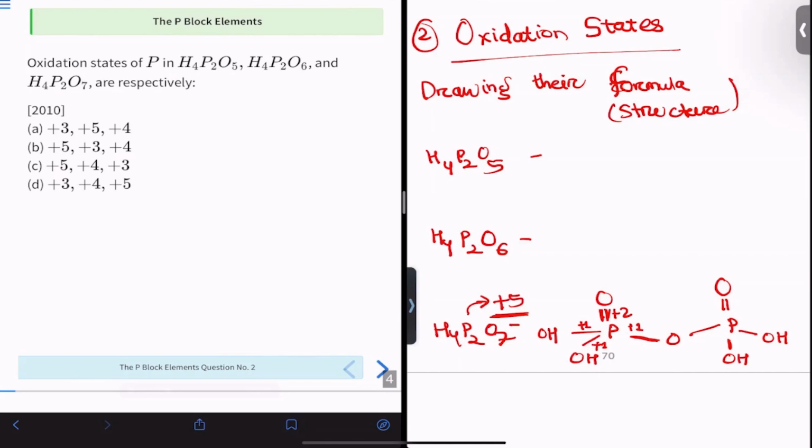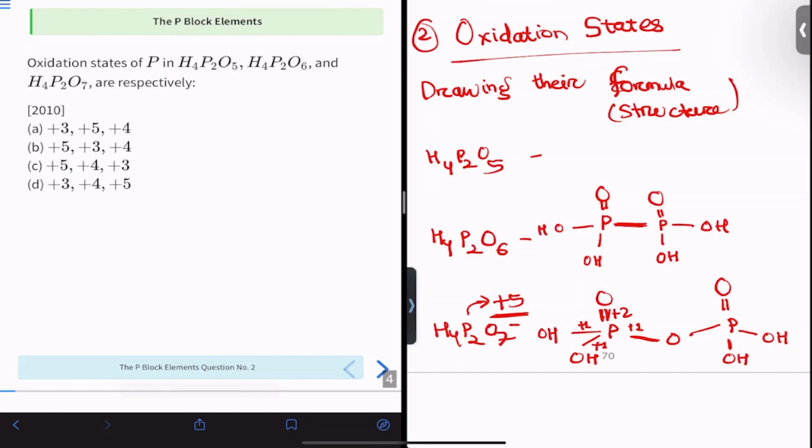H4P2O6. In H4P2O6, I'll again draw the diagram. This will be the structure, guys. This is the structure for H4P2O6. Okay, so phosphorus has a single bond with phosphorus itself.